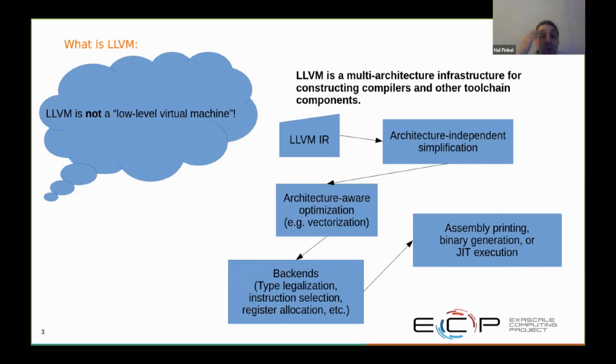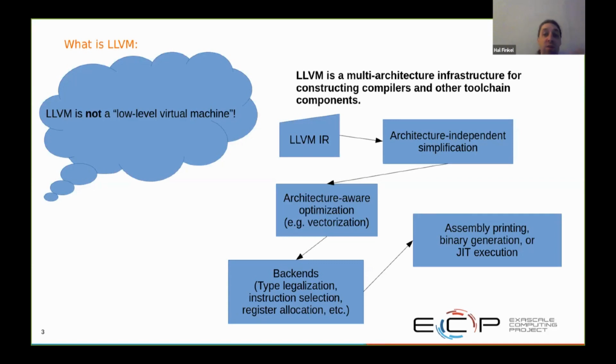So LLVM itself is a library, and what the library does is it enables you to transform code that is input in LLVM's intermediate representation into a binary code that can be executed or assembly code that can be assembled and so on. And it does this by taking the LLVM IR and transforming it in various ways. So the IR can go through what we call our canonicalization phase, the architecture-independent simplifications that happen.